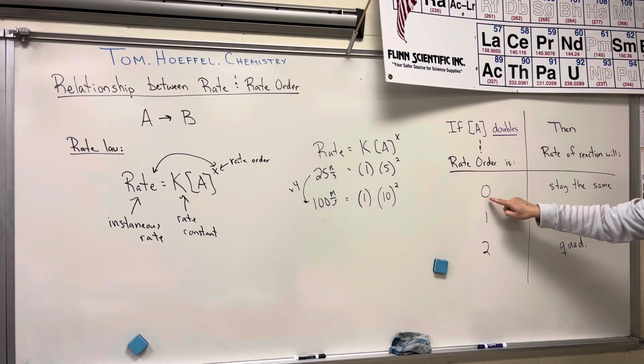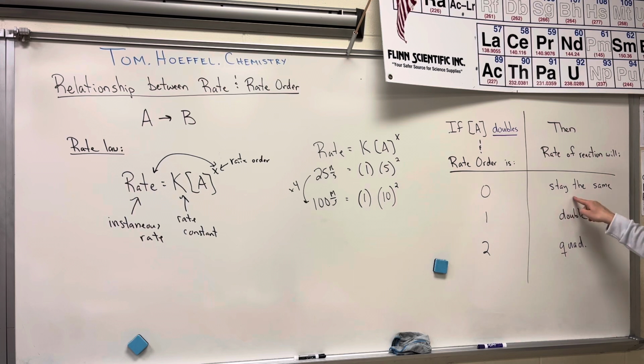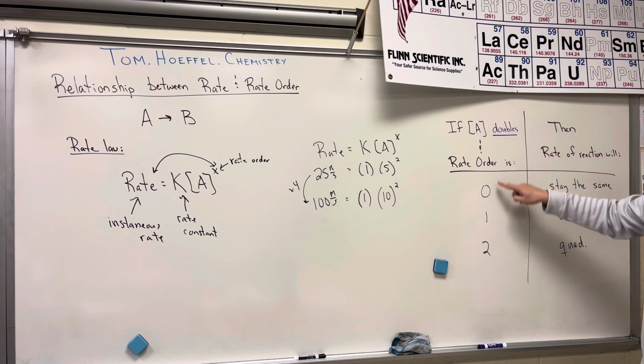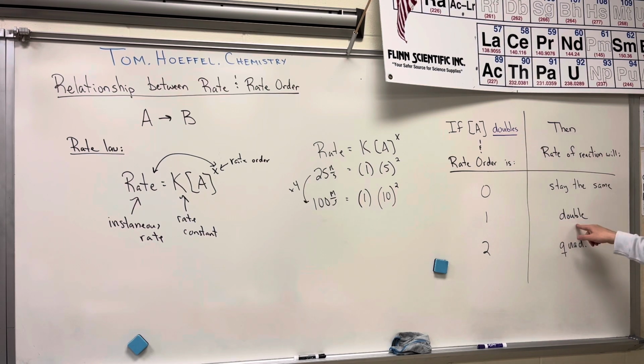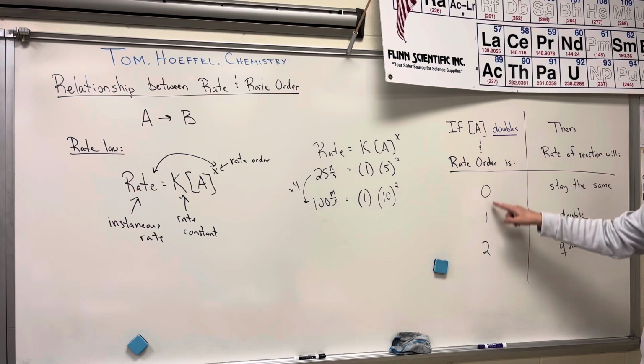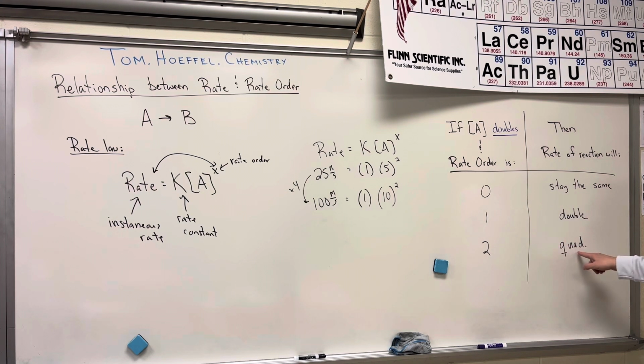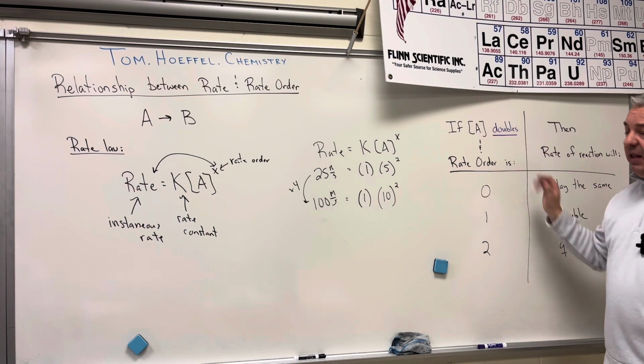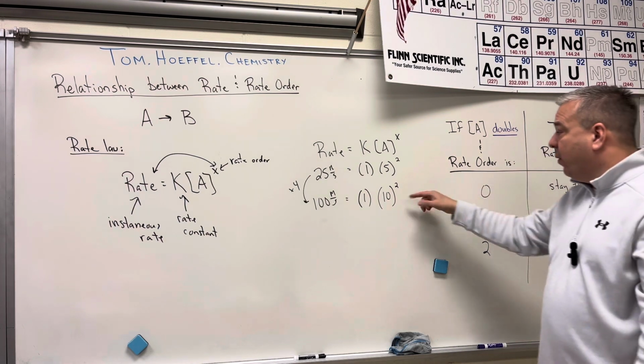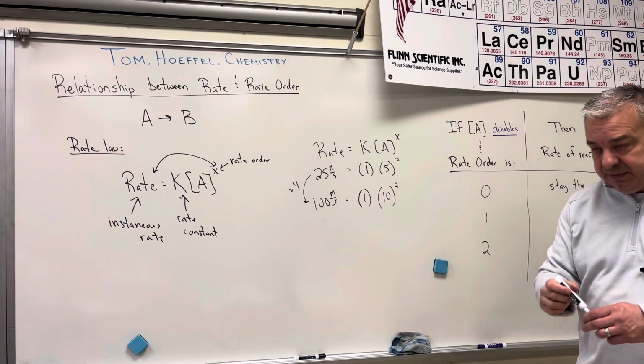If you double the concentration and the rate order is 0, nothing's going to happen to the reaction rate. But if the reaction order is 1, when you double your reactant, the reaction rate is going to work twice as fast. Of course, if the rate order is 2, the reaction rate will quadruple.